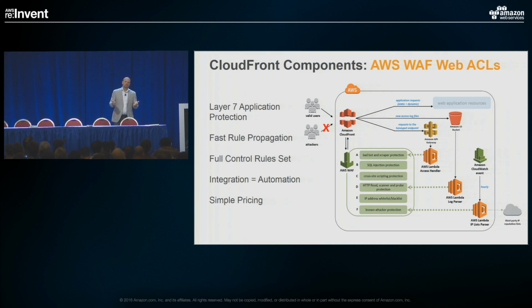And you can also integrate this with other services like Lambda or S3 or CloudWatch and automate some security responses. The diagram shows some of the different automations that you can take advantage of, in addition to some of the standard rules that we have available for you, like SQL injection blocking, cross-site scripting, bot scraping, and IP address blocking that may be helpful for protecting against layer 7 attacks like HTTP floods.